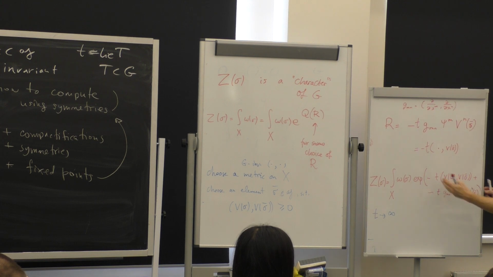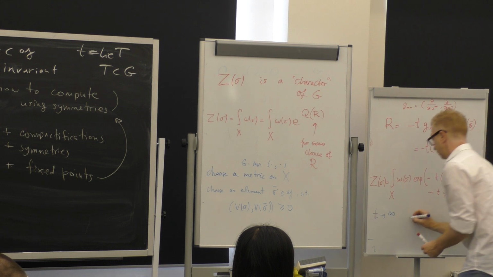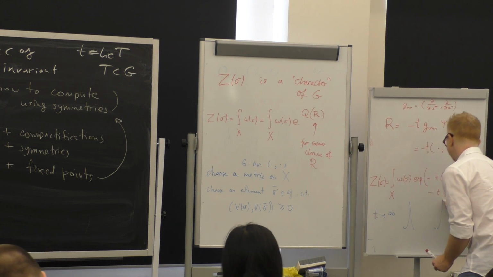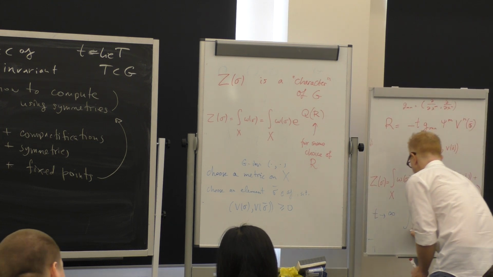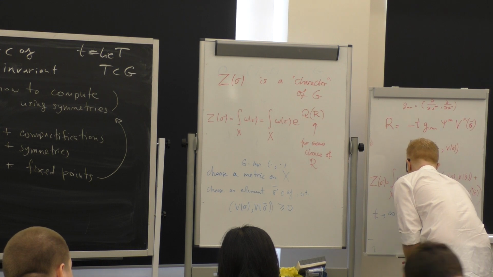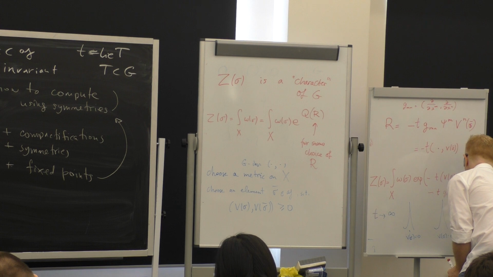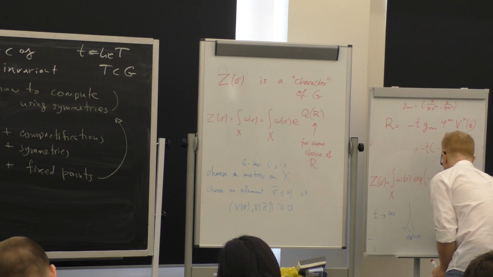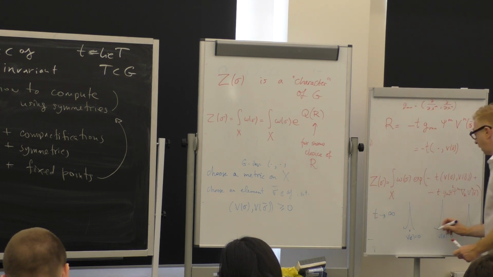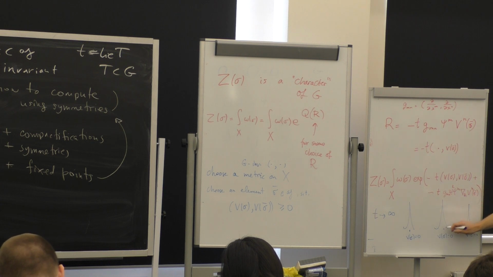So your integrand is now highly peaked near the fixed points. These are the points where v of sigma vanishes. And everything else is highly suppressed.